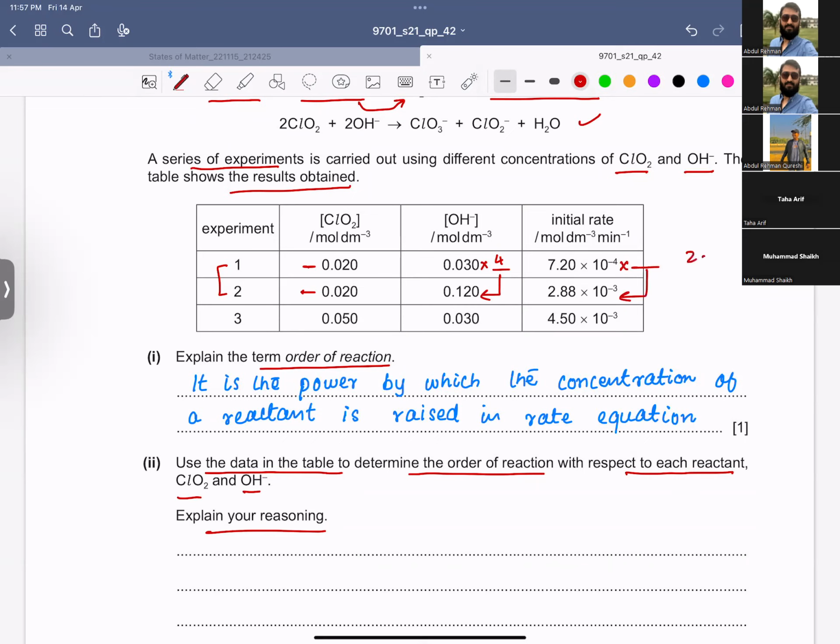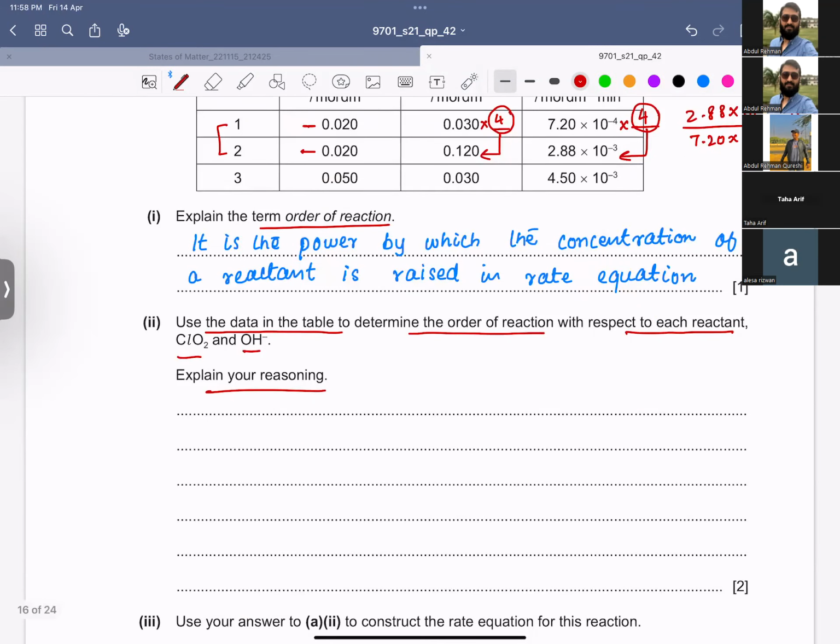You just have to divide 2.88 exponent minus 3 over 7.20 exponent minus 4. Can anybody tell me the answer? 4. Okay, so here it is 4. The concentration is increased by 4, and as a result, the rate is also increased by 4, which indicates that it's first order.